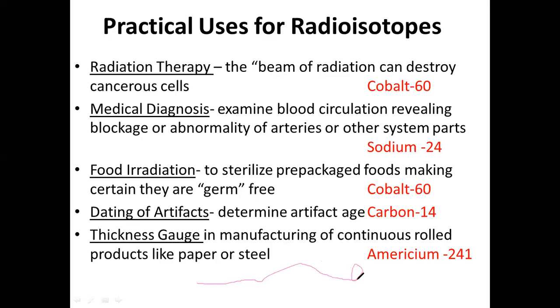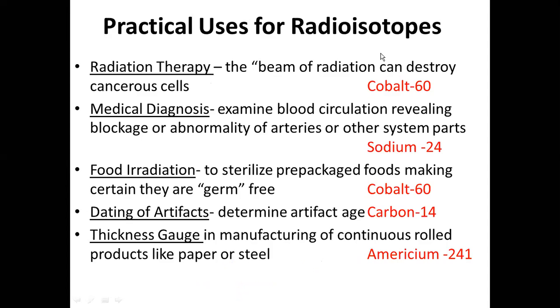On the other end, they start rolling it back up. Well, with a radioactive sensor on one end and a radioactive source on the other end, they can determine by how much radioactive material has made its way through how thick the material is, and make adjustments while they're manufacturing. So that's an interesting use for radioisotopes.